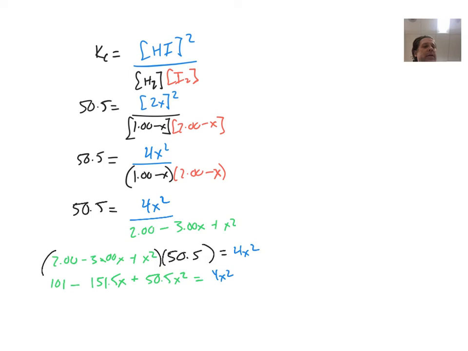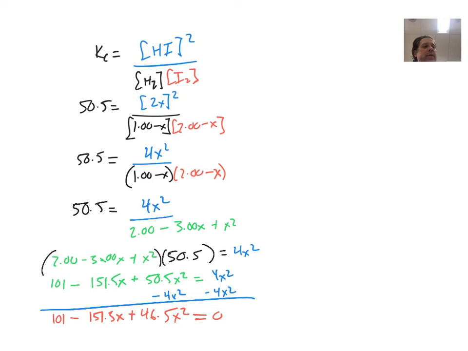I'm going to set that equal to 0 because we're going to use the quadratic equation, by subtracting 4x squared from both sides. And when I do that, I get 101 minus 151.5x plus 46.5x squared equals 0.